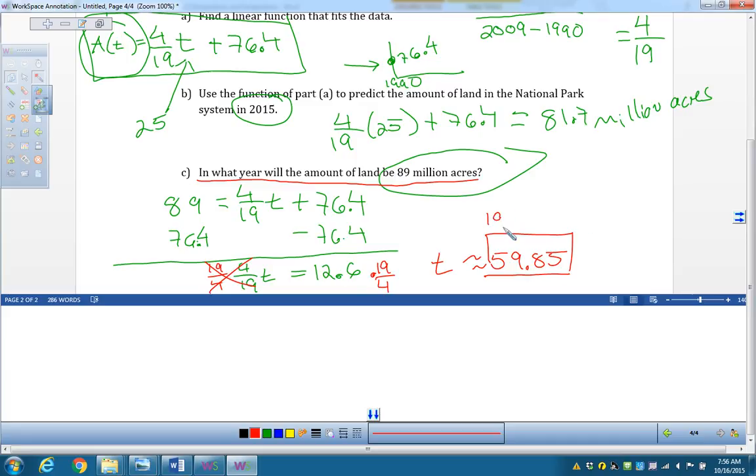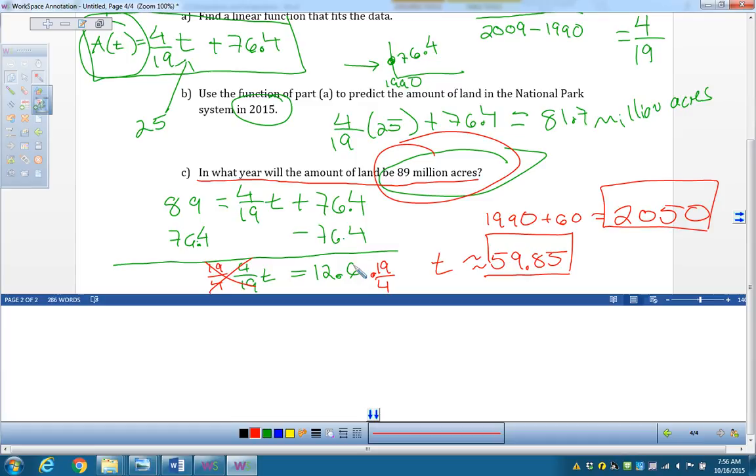So I have to take 1990 plus, I'm going to call that 60. Okay? So it looks like in 2050, if this is truly a linear relationship, we would have 89 million acres of what? What are we looking at? Land in the national parks.